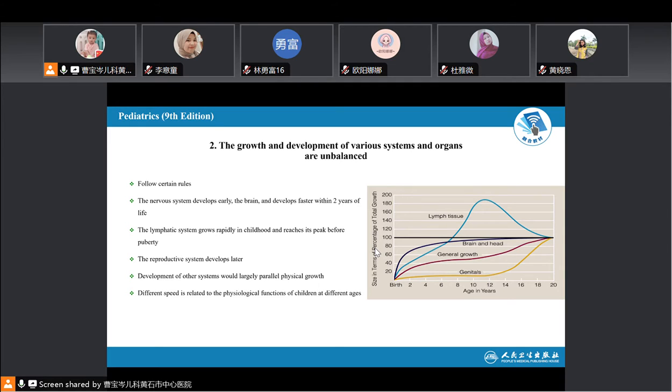The reproductive system develops later. Development of other systems roughly parallels physical growth. The different speeds are related to the physiological functions of children at different ages. We can see this in the graph of the four types of growth.